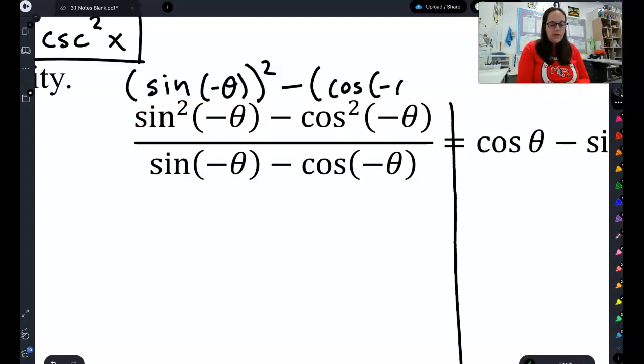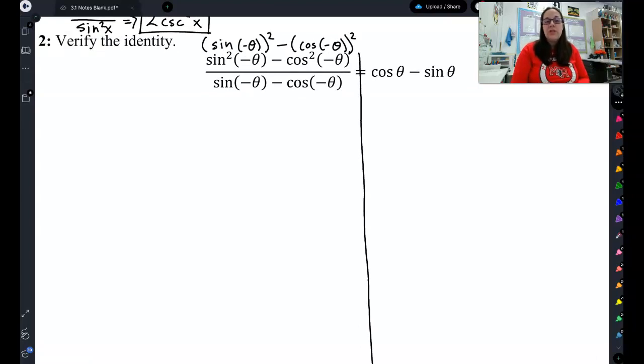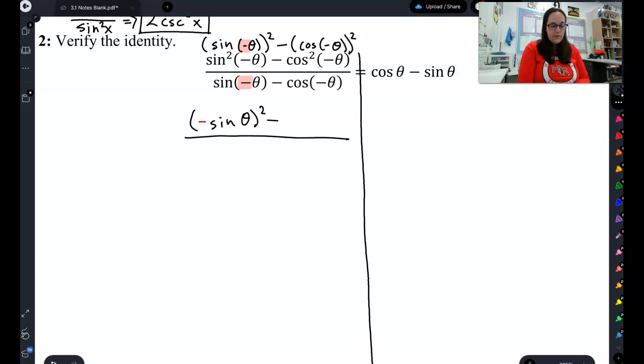Same with cosine. So now that we've got it written like that, let's go ahead and just start you out and then see if you can finish this on your own. So first thing I've got a sine of negative theta, and this is a sine of negative theta. So those will move outside. Then I have a cosine of negative theta and a cosine of negative theta.